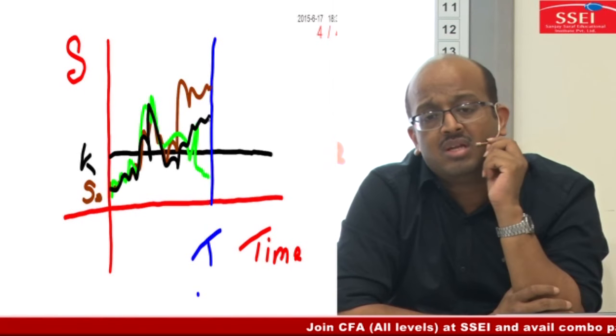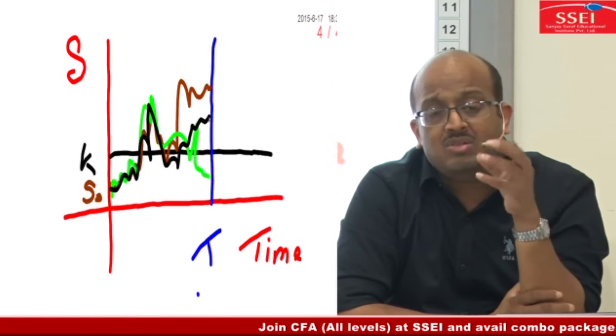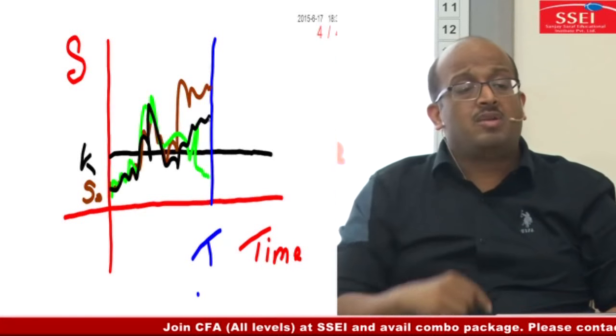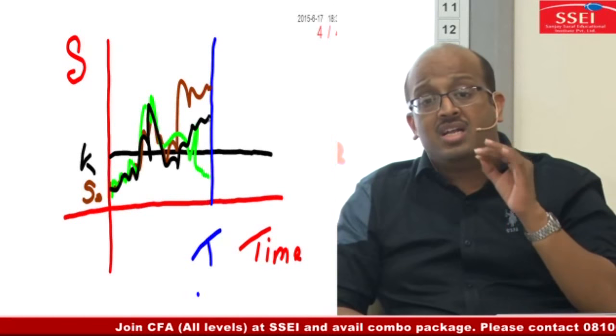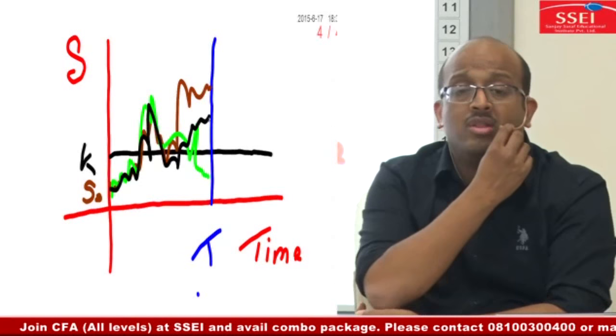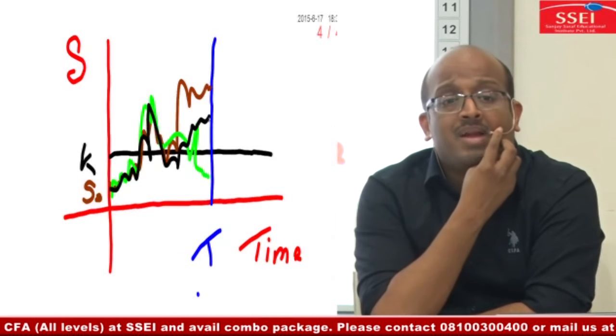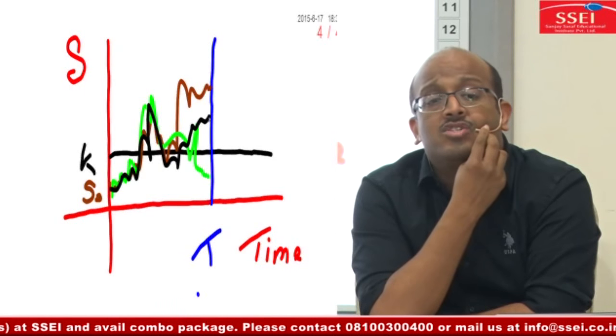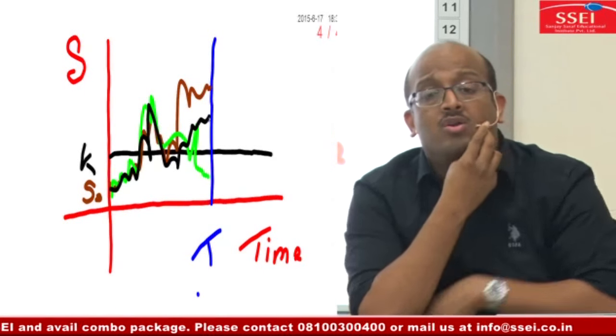Different values. Now these values have a probability distribution. The stock price on maturity has a probability distribution. According to the Black-Scholes model. Which model? Black-Scholes model. The stock price on maturity is log normally distributed. What distributed? Log normally distributed.